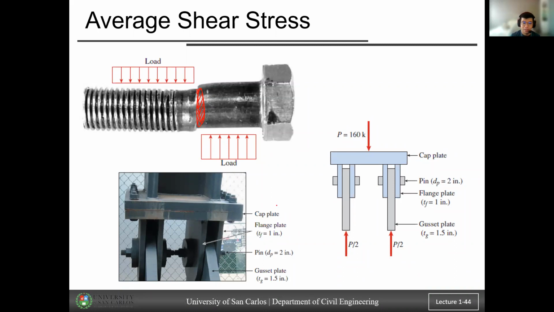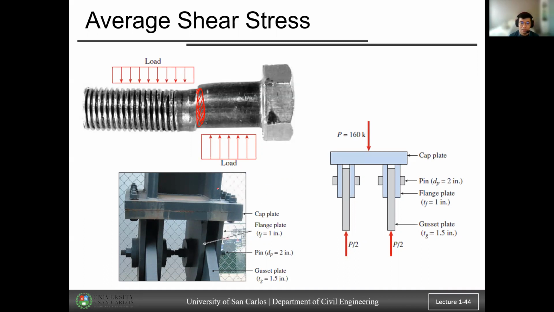You have different parts coming into play in your bolted connections: the cap plate, the flange, the pin, which also experiences shear stress, and the gusset plate. So many elements come into play in your shear stress. Of course, you always try to imagine the behavior of the force so that you can imagine what type of stress you are going to deal with in your material.